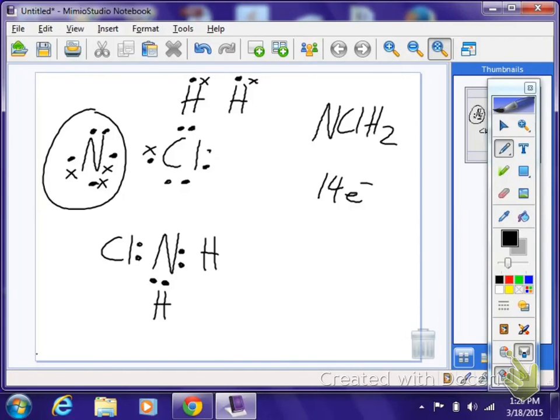And then we keep track of our electrons as we put them in our Lewis dot structure. So we're forming our Lewis dot structure, and as we do that, we keep track of our electrons here.